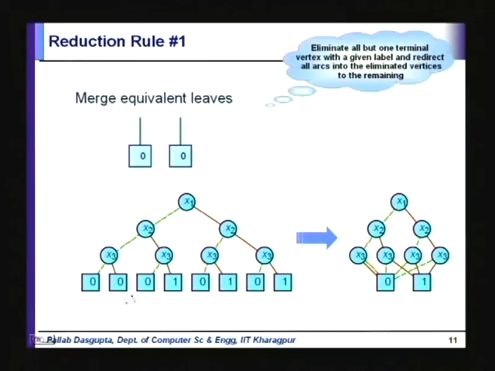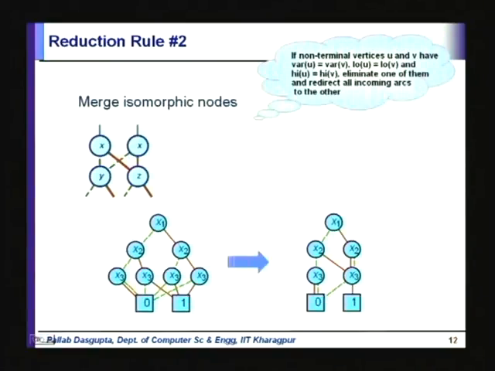So, the equivalent leaves are these 3 and this one, they are equivalent leaves, sorry, this one also. So we will merge all of these, and the ones will also be merged. So there are 2 leaf nodes now, right? This is reduction rule 1.